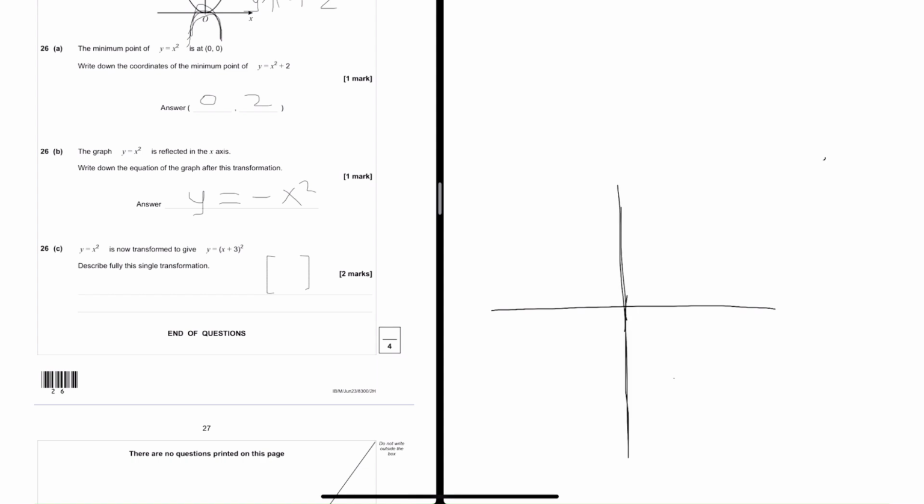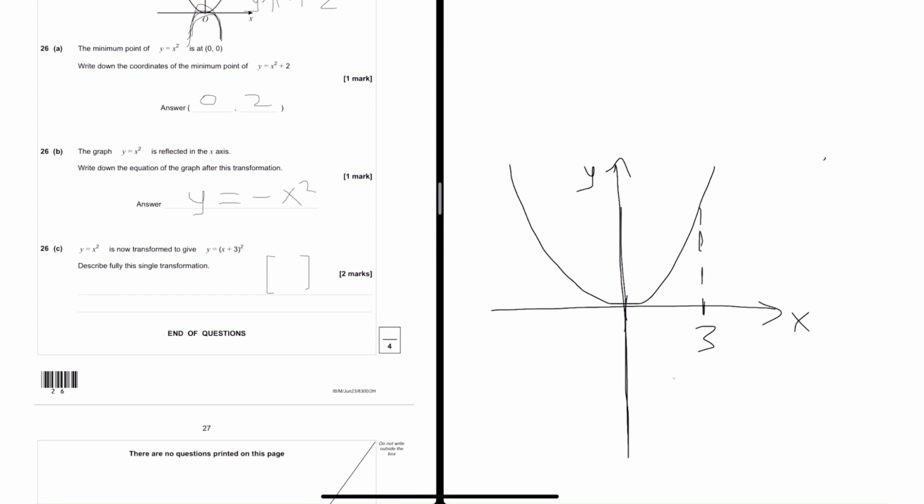Why is this pen not working? So this is our original graph. And we've got our y-axis, our x-axis. So now let's call this x equals 3, right?